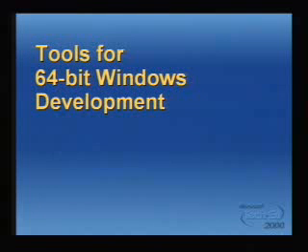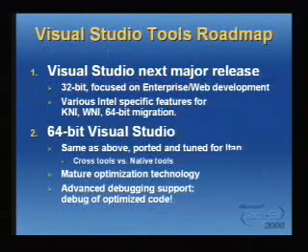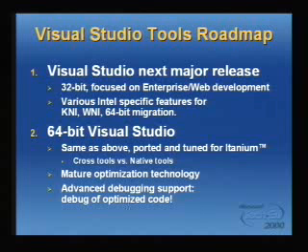Next step here in the talk is to look at the tools to build 64-bit Windows apps. Visual Studio is what most developers are using today to build Windows code. And we're working now on a next major release of Visual Studio, which is currently referred to as Visual Studio 7, although by the time it's released to market, it may or may not be called Visual Studio 7.